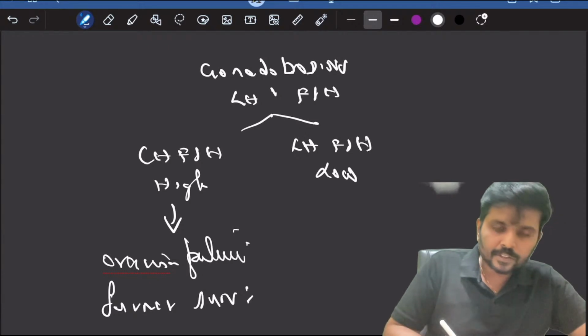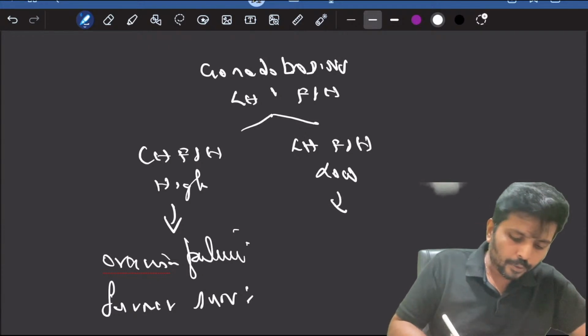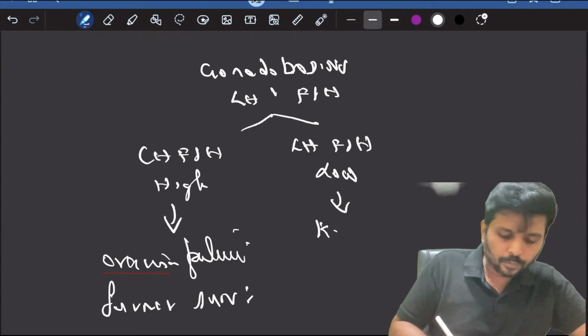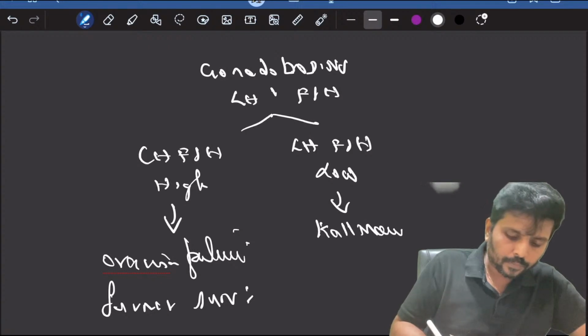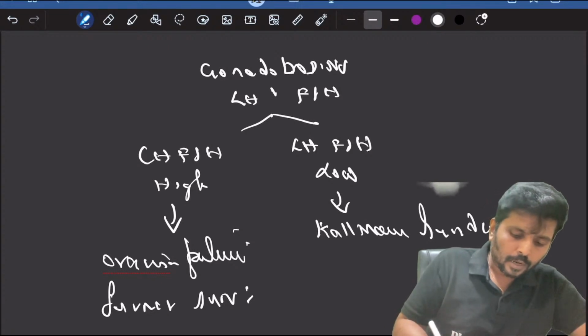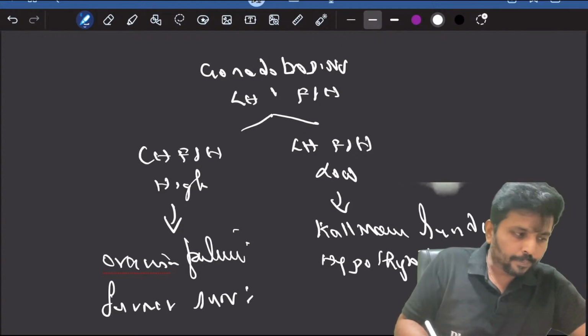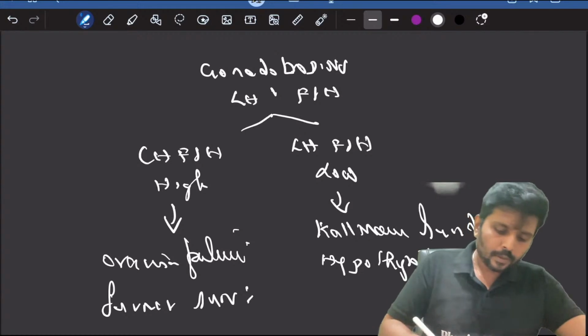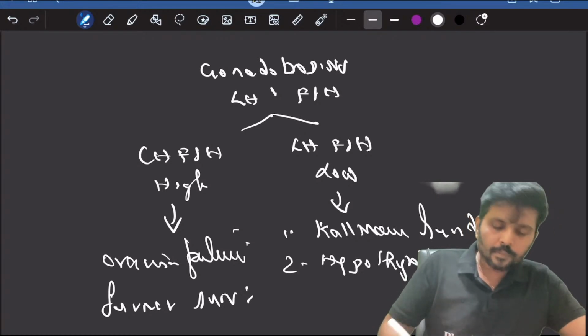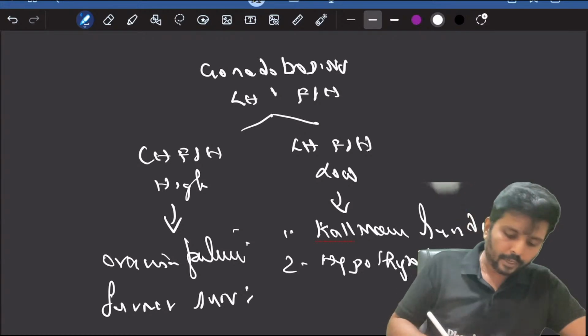When your LH, FSH is low, you need to rule out Kallmann syndrome. Second one is hypothyroidism.